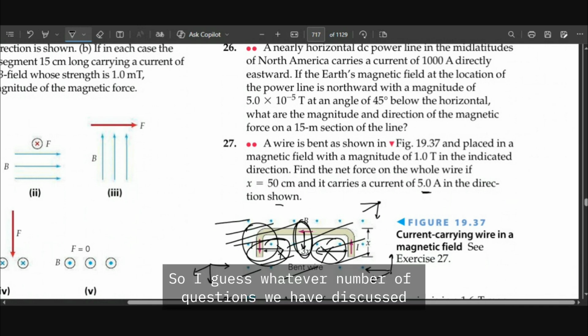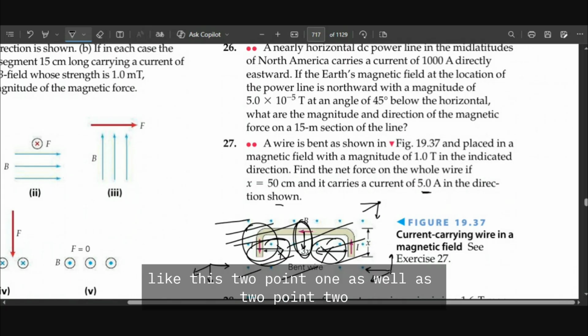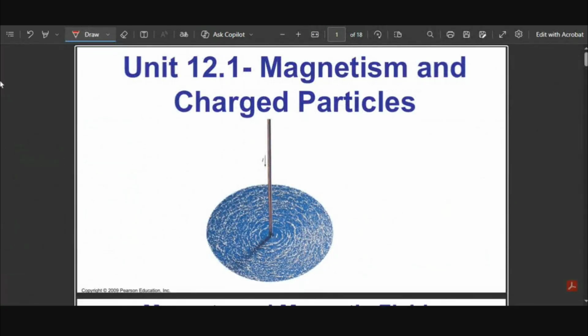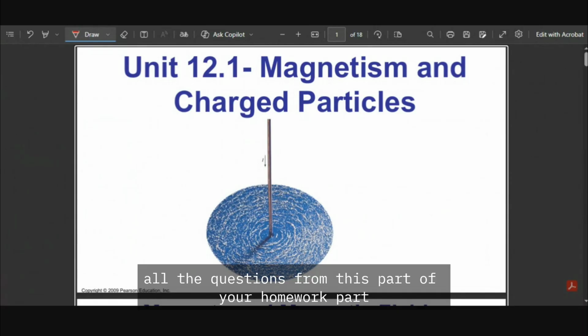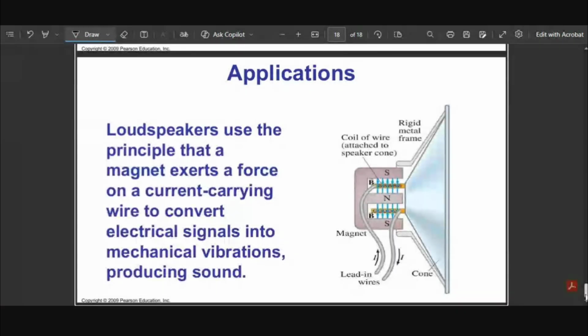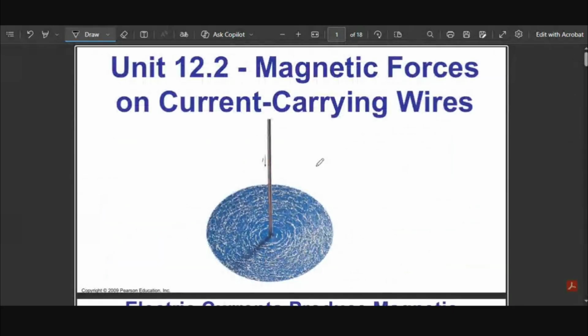So I guess whatever number of questions we have discussed, questions from those two parts of the unit, like this 2.1 as well as 2.2, we were able to discuss all the questions from this part of your homework, as well as from this part. Okay.